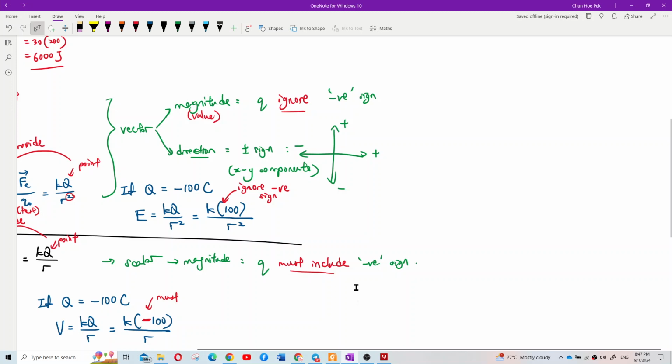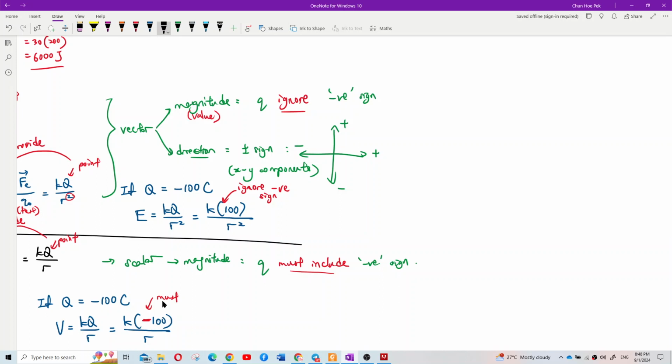You surely have this question. This is what I mean. Why in this case does the charge ignore the negative sign, and in this one the charge must include the negative sign? Good.